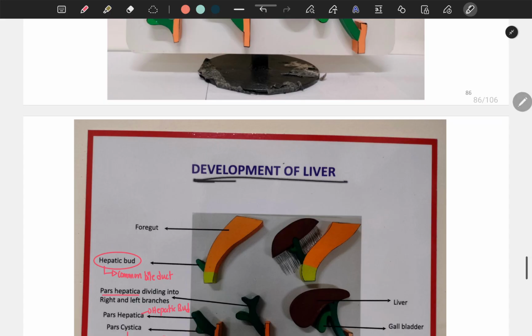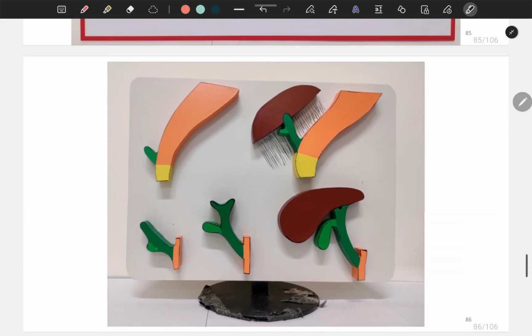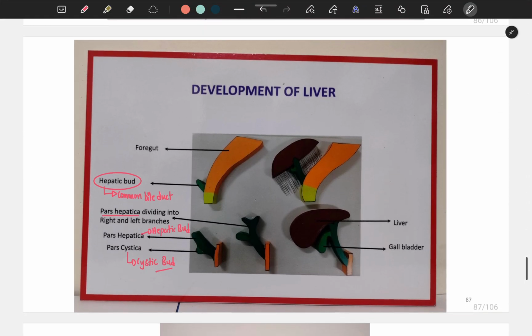Okay. Now coming to the development of liver. This is foregut, and the continuation is the midgut, then the hindgut. At the junction of foregut and midgut, you get a hepatic bud.